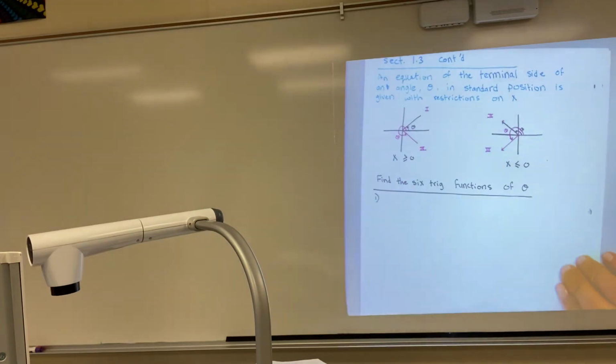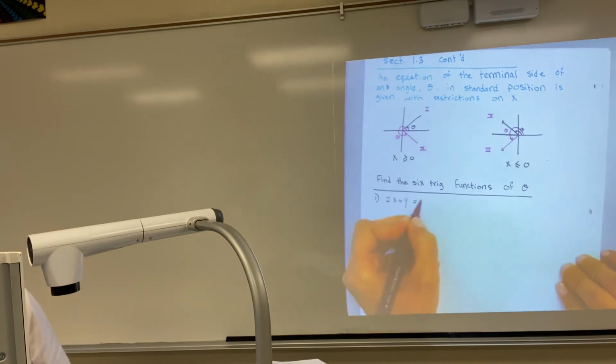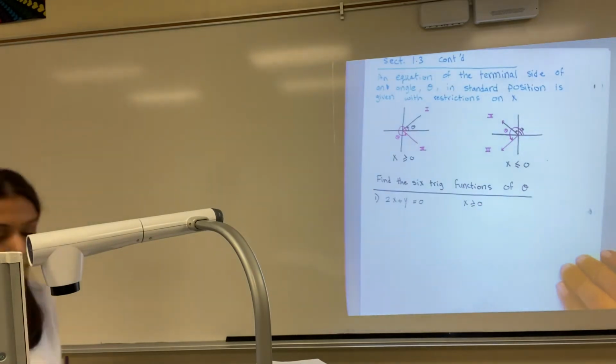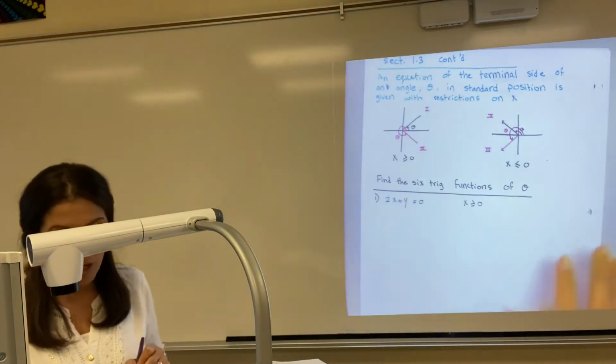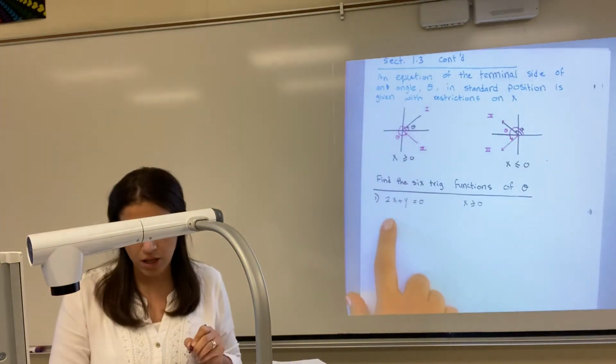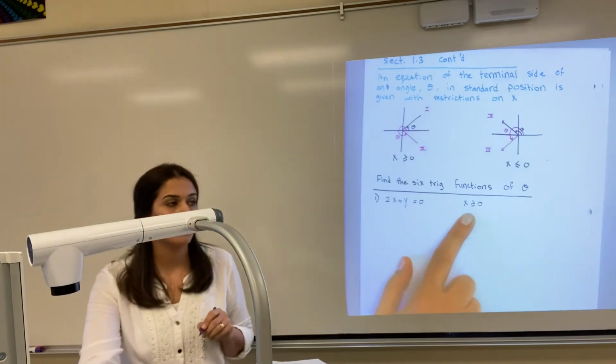But we're going to have a restriction on the value of x. So I was given that 2x plus y equals 0, and I've been told that x has to be greater than or equal to 0. I need to solve this to find the x and y value. But I've been told that x should be greater than or equal to 0.